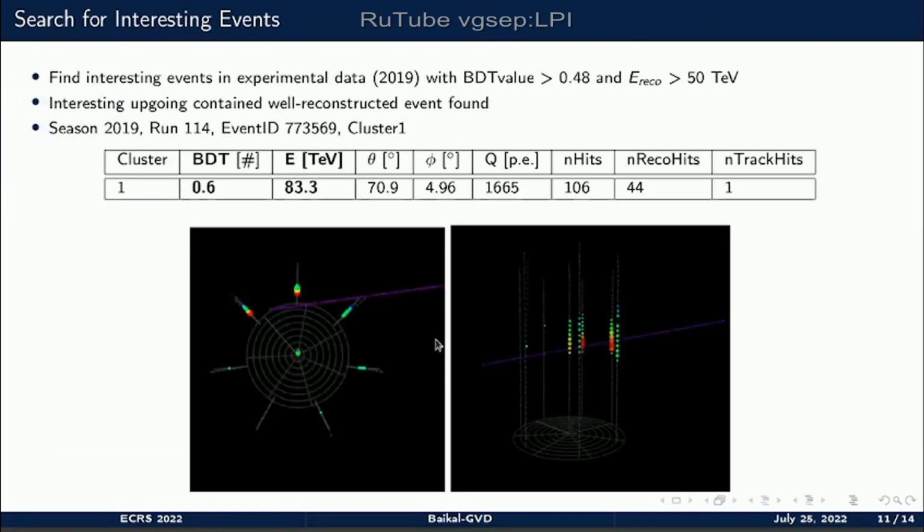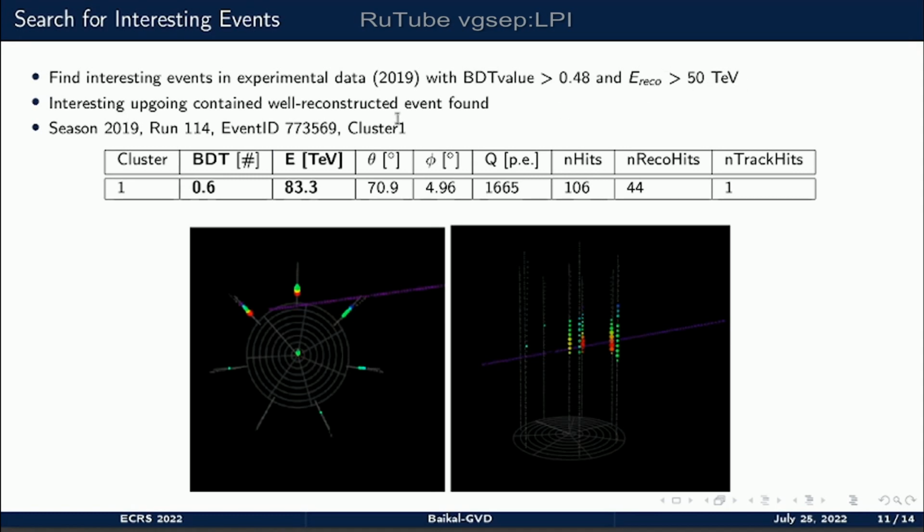After that, the same procedure was applied on the experimental data for season 2019, and we applied the same cut on the BDT value, and also we wanted to find some interesting high energy events. So we applied a cut to have reconstructed energy more than 50 TeV.